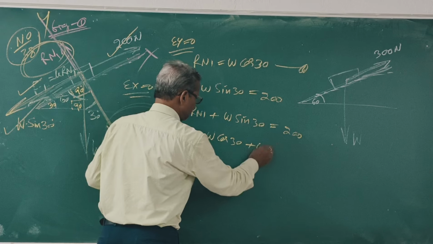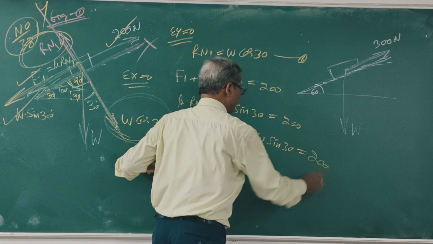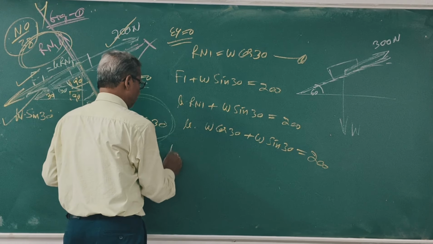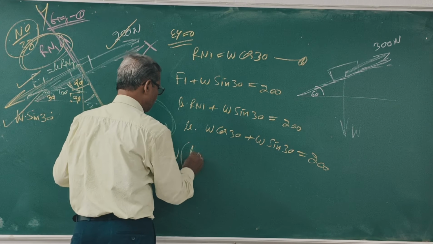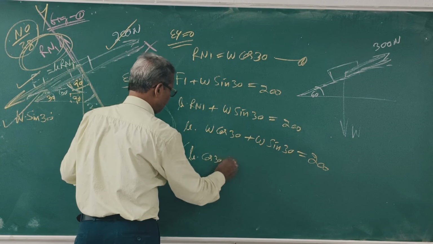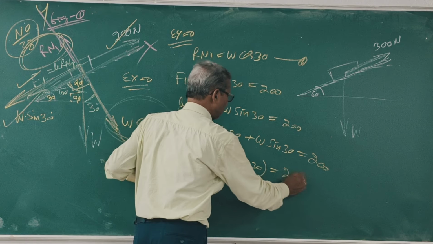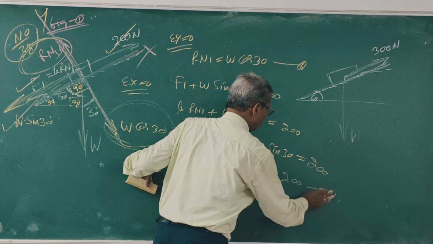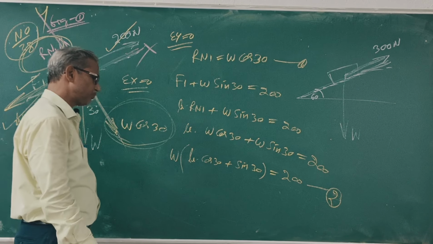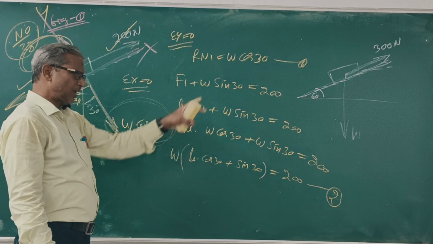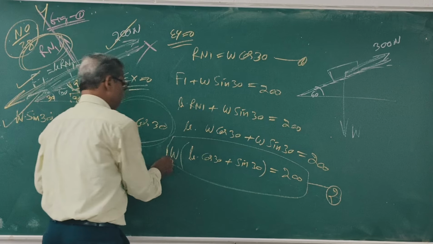So W into mu cos 30 plus sin 30 is equal to 200. Equation 2. Clear? This is equation 2, this is equation 1.